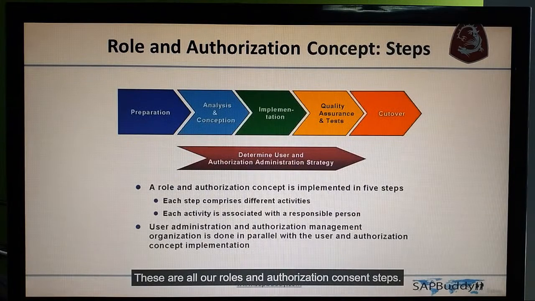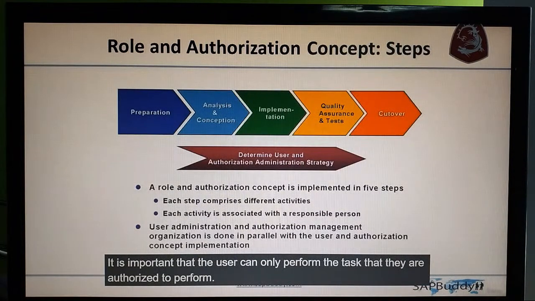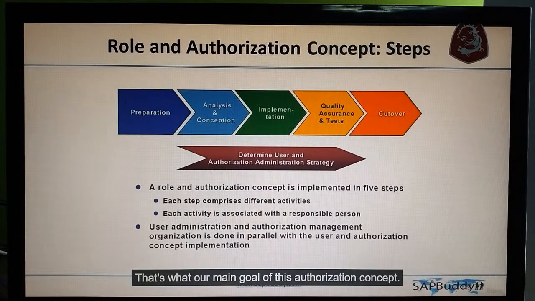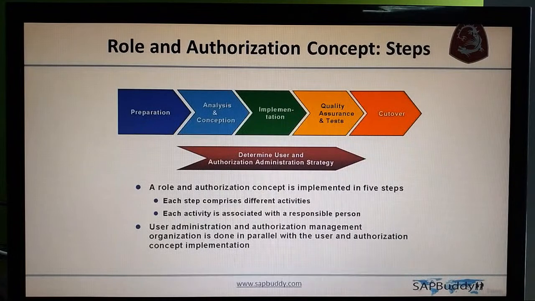These are all our roles and authorization concept steps. It is important that the user can only perform the tasks that they are authorized to perform. That's the main goal of this authorization concept.